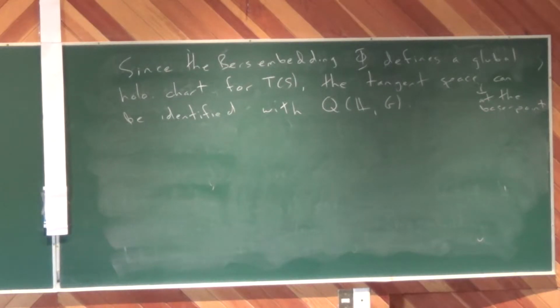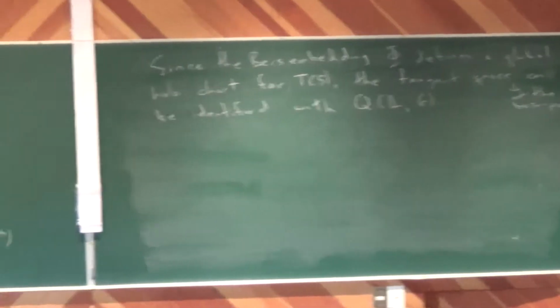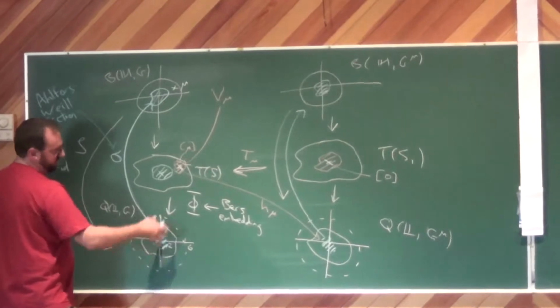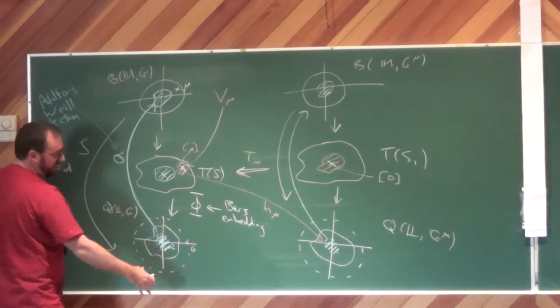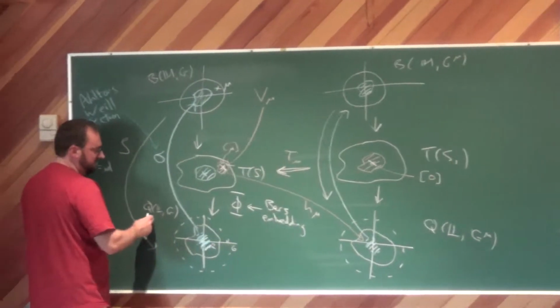So the base point here gets mapped to 0 down here in Q L G. So since we have a holomorphic embedding here to here, the tangent space can be identified with this.